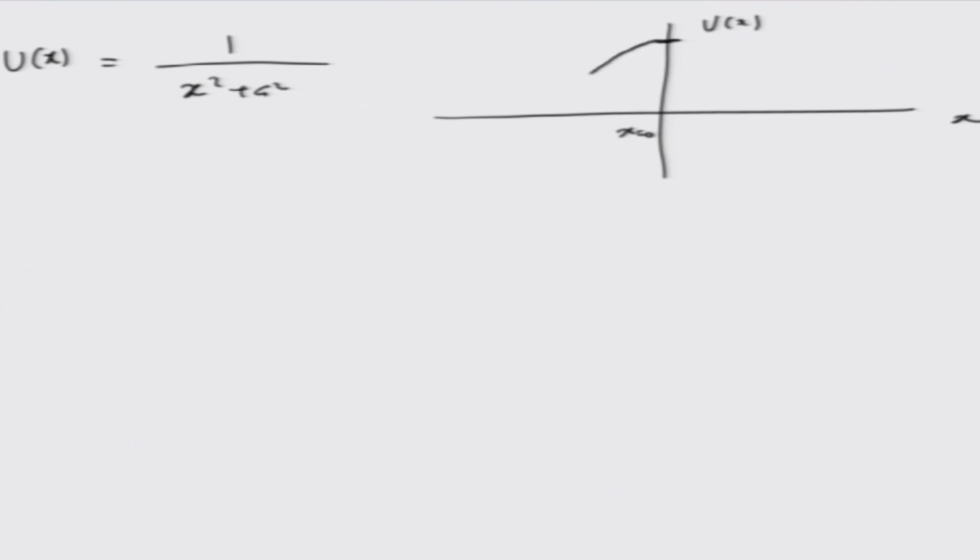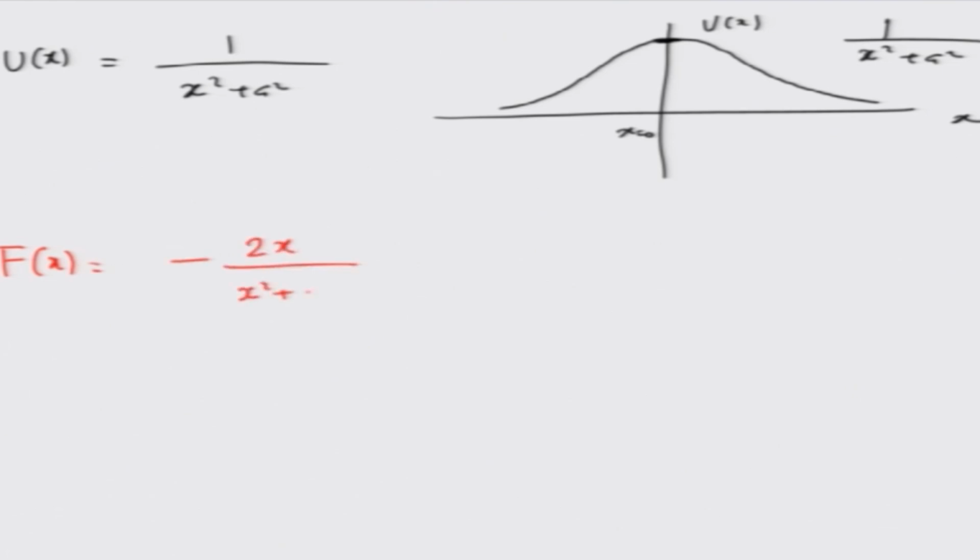and it goes down like 1 over x square far away. So, this is 1 over x square plus a square, and the force is minus 2x over x square plus a square raised to square. The force is linear near the origin, because near the origin x is nearly 0, so I can take the denominator to be just a raised to 4.